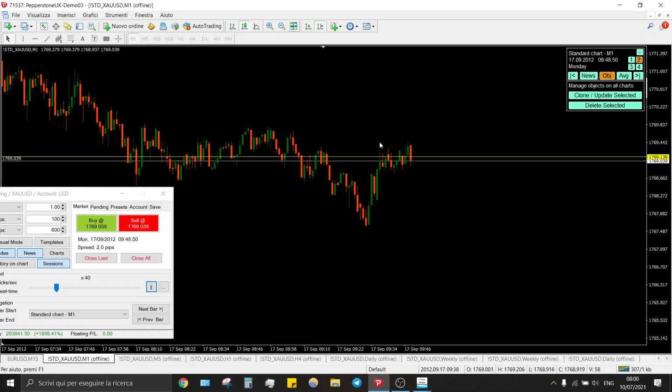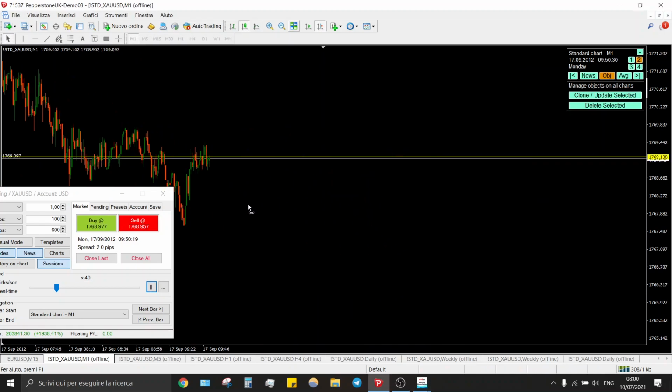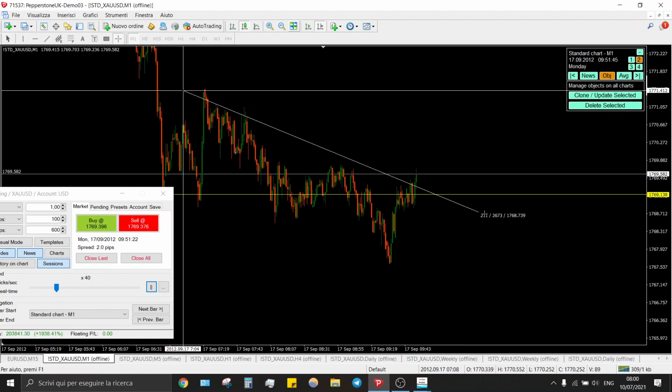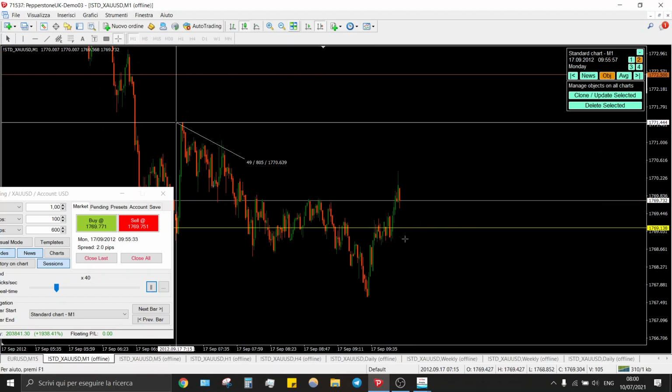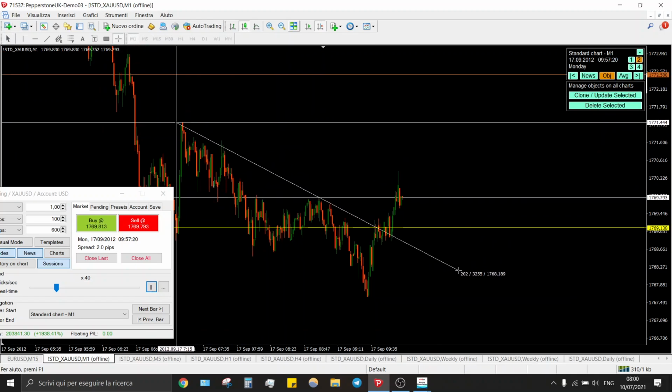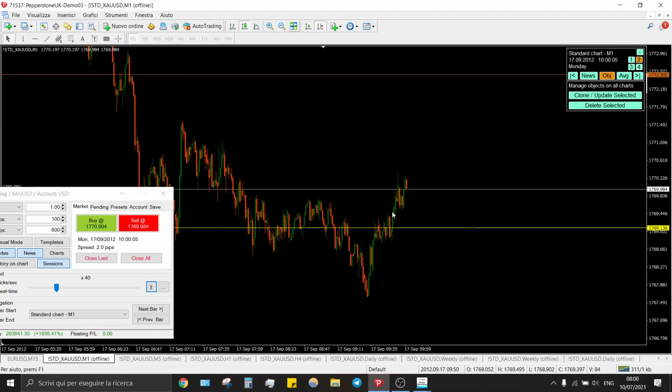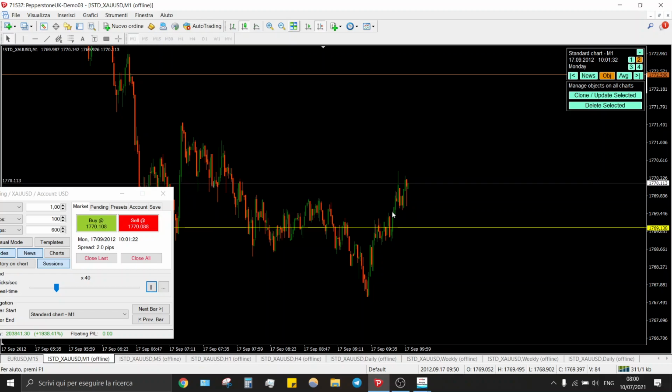Okay, we are stopped out. Price is still in a bearish trend, but now is correcting on the upward side. This is not a clean action, not necessarily to trade in these actions.